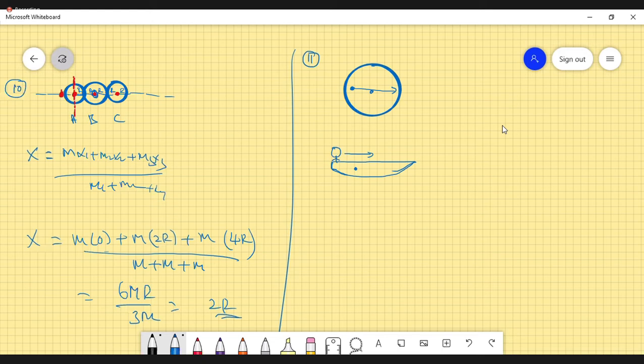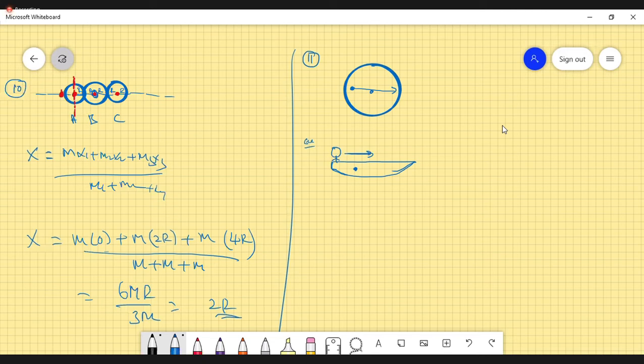Listen. Now what do we know? So this is the system. Now the center of mass will be like this, here at this point. Let us imagine. Now this boy is moving towards the right with a certain velocity.